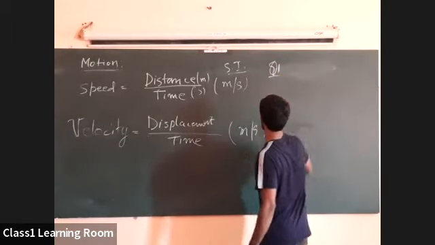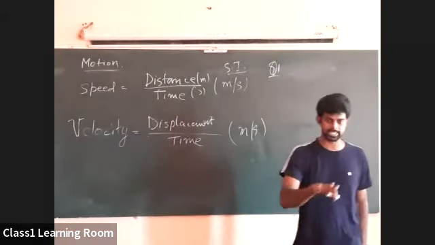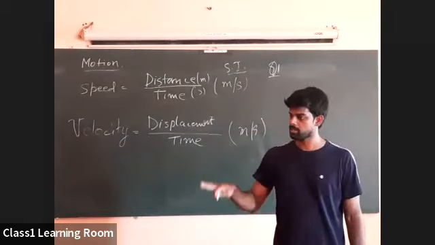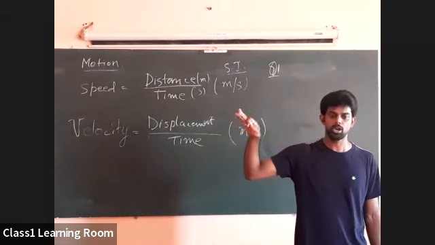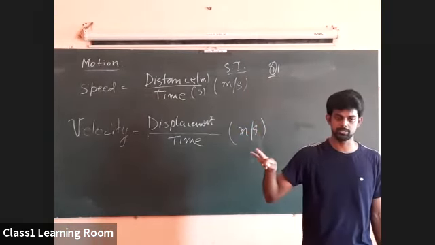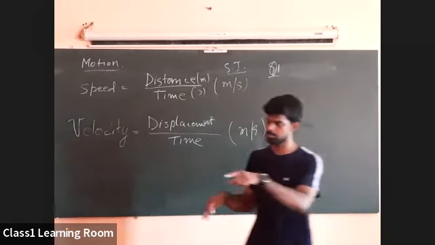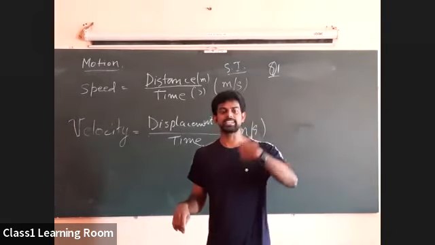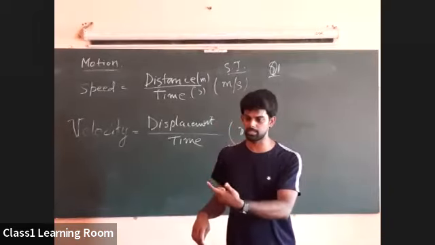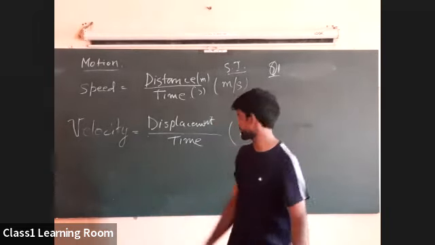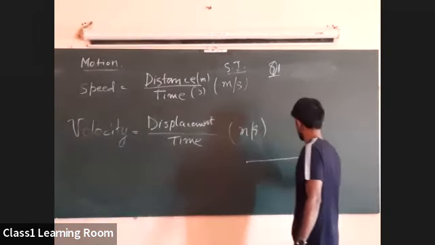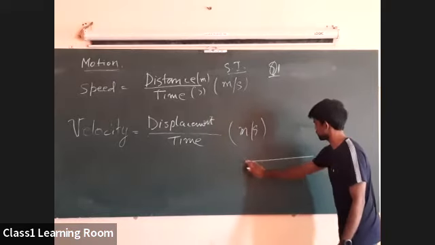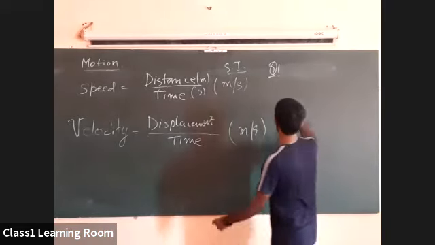So question number 1. Yesterday's homework, it is clear to all, right? So keep that in mind. What is displacement? Can you repeat first? The second definition that I said: for your mathematical straight line journey, between 2 points. Just remember this and do this question.